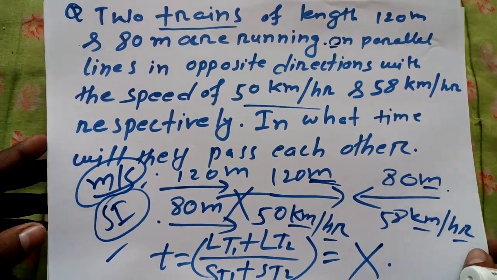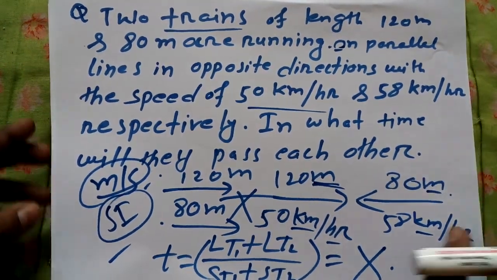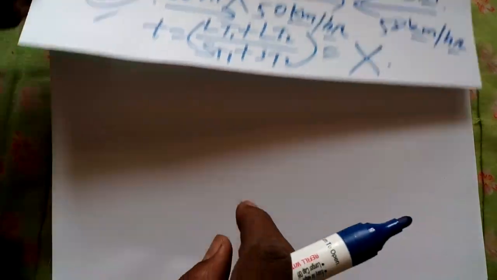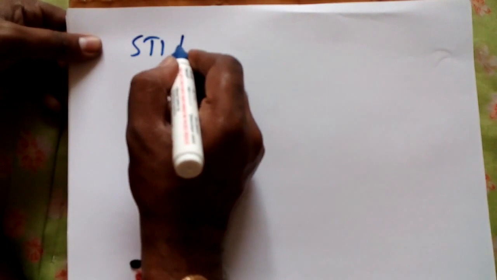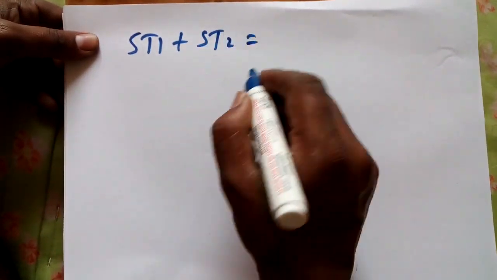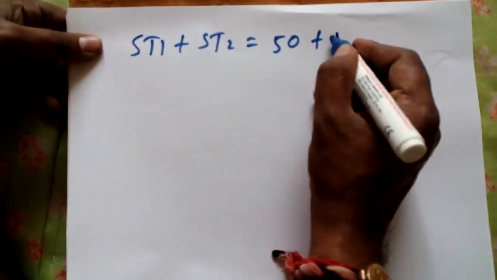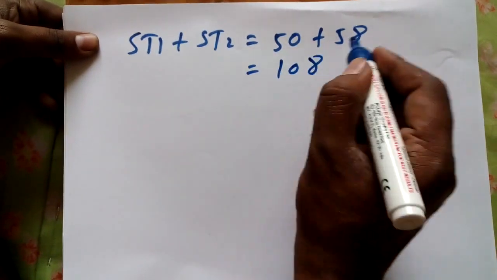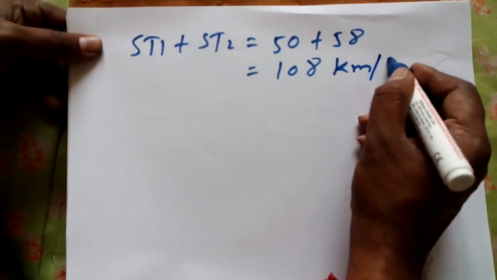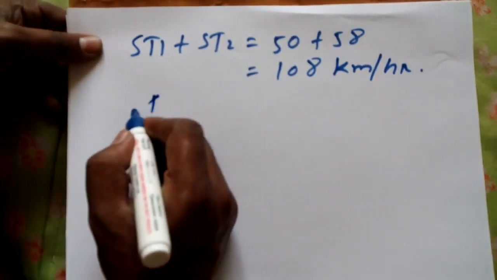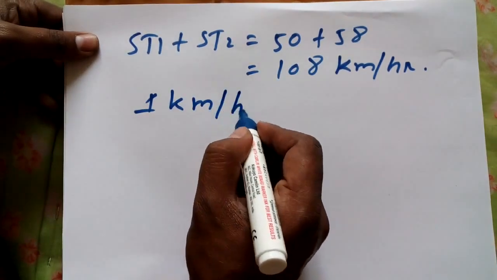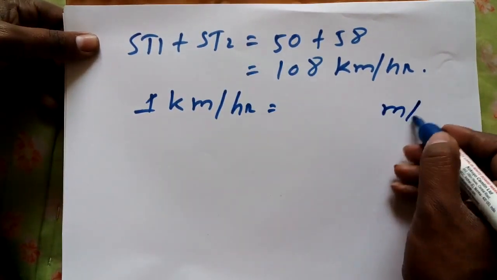So let me show you how to do this. What we have to write: speed of train 1 plus speed of train 2 is equal to 50 plus 58, that is 108. The unit is kilometer per hour. So 1 kilometer per hour is equal to how much meter per second?